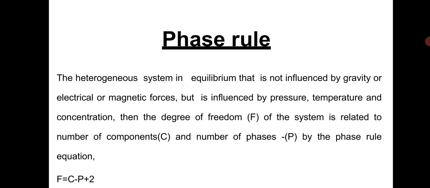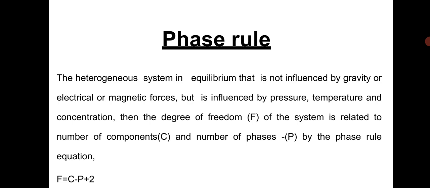The phase rule, given by Willard Gibbs, is mainly used to study the behavior of heterogeneous reversible reactions. So now it is clear why we study the phase rule. The phase rule was given by Willard Gibbs in the year 1874.